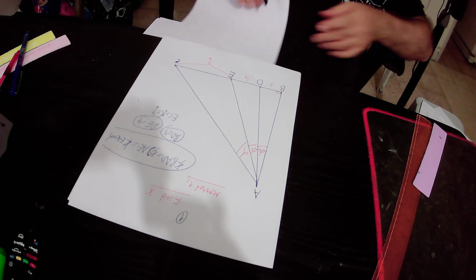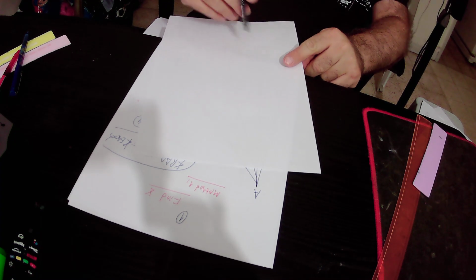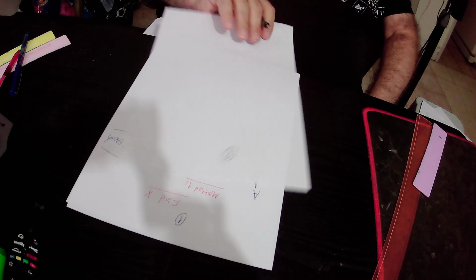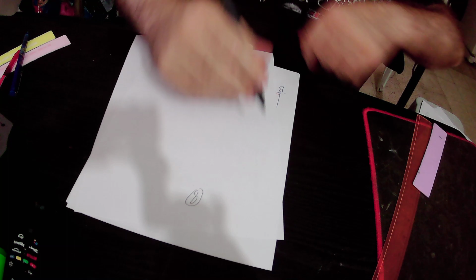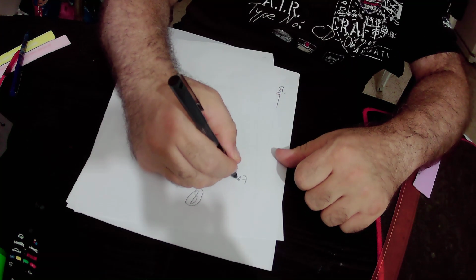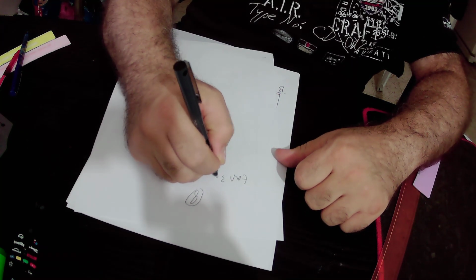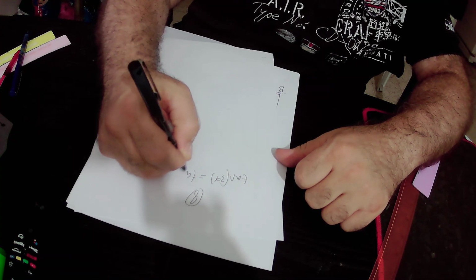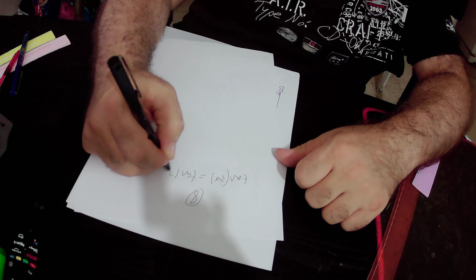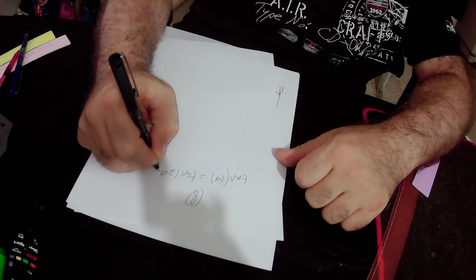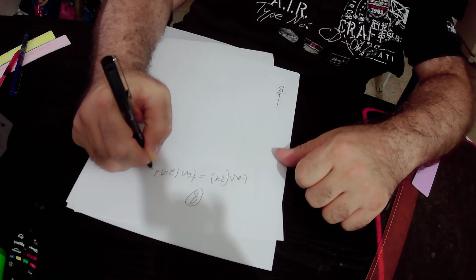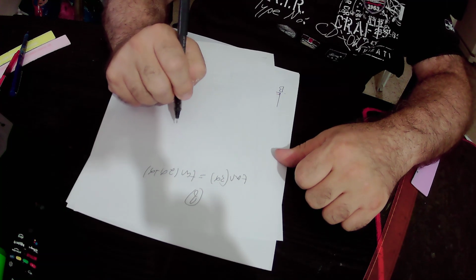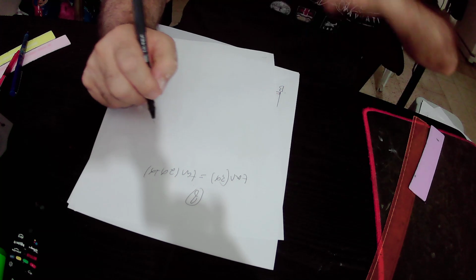But we also know that tangent 3 alpha equals tangent 2 alpha plus alpha, because 2 alpha plus alpha is 3 alpha. So tangent 3 alpha equals tangent of 2 alpha plus alpha. Okay?